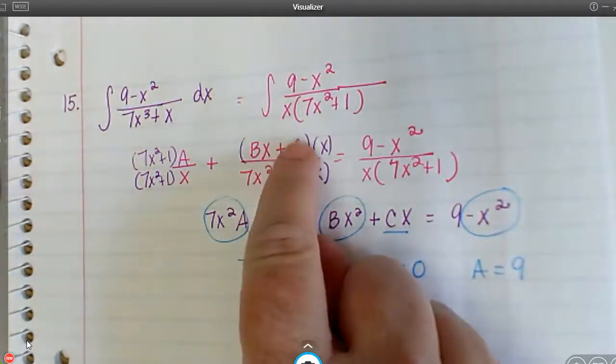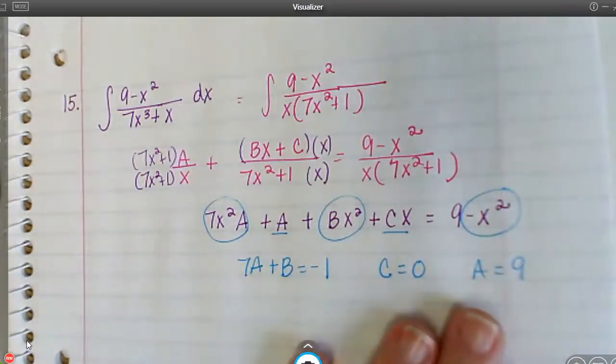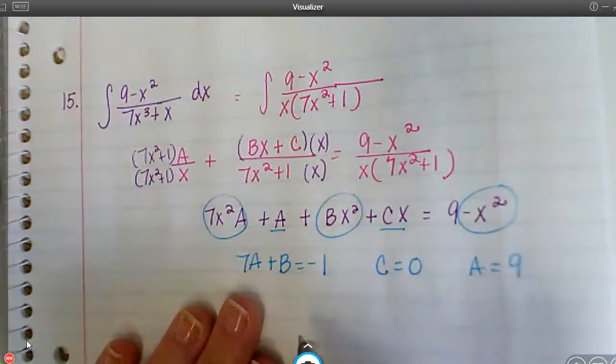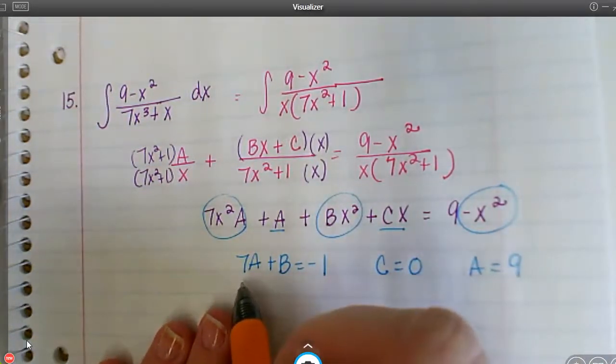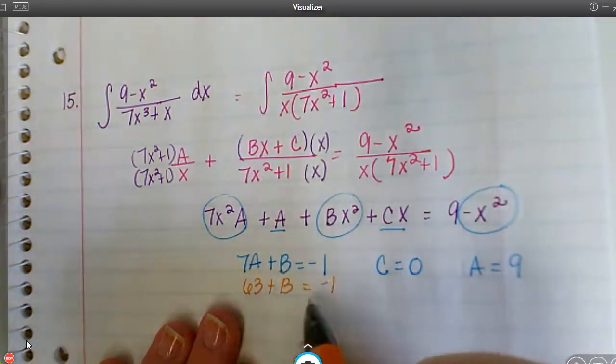And it's okay for that to happen, but whenever we're setting it up, we have to put it in as if it's not going to happen because we don't know for sure. So this actually came out really nicely because it gave me a, it gave me c, and then to solve for b, I can get that pretty quickly. I can plug the 9 in for a and solve for b.